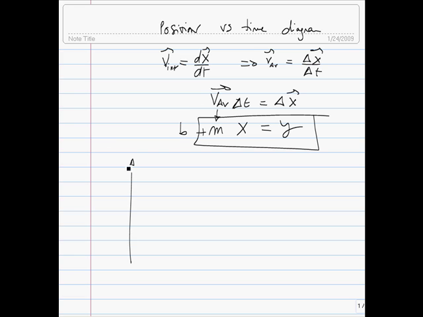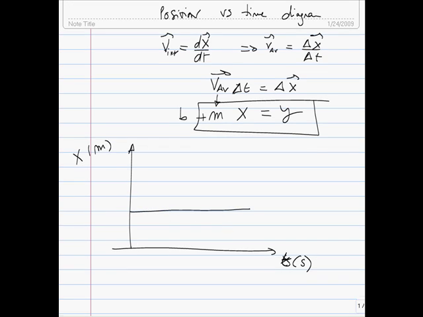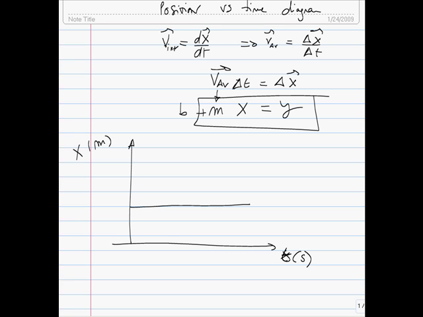So if we have an x versus t diagram, and we see this, let's see what kind of motion this describes. Well, we start from this particular time, t is equal to 0, t is equal to 1, t is equal to 2.